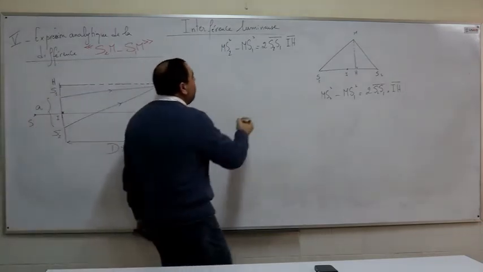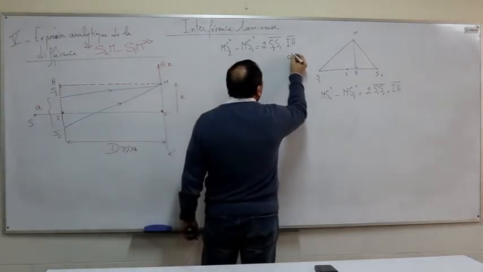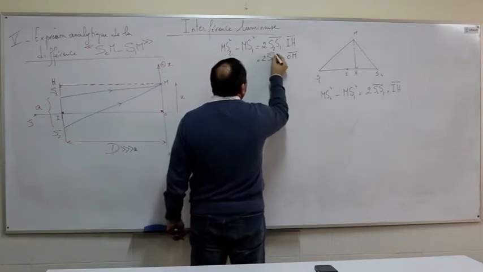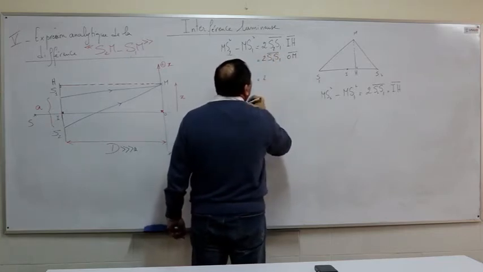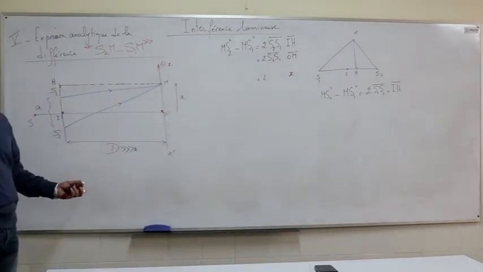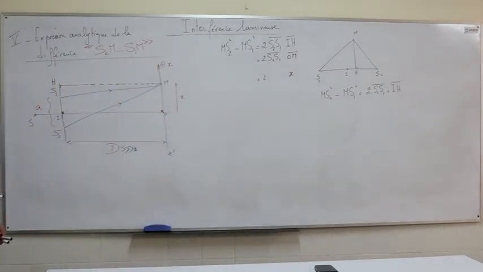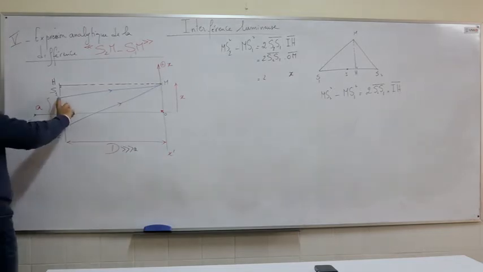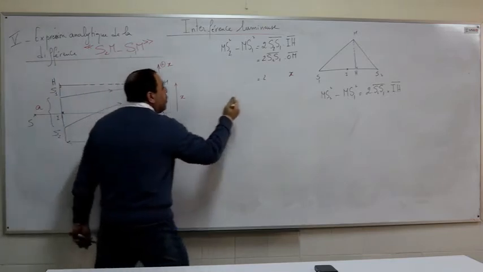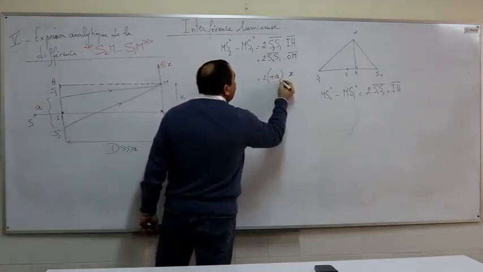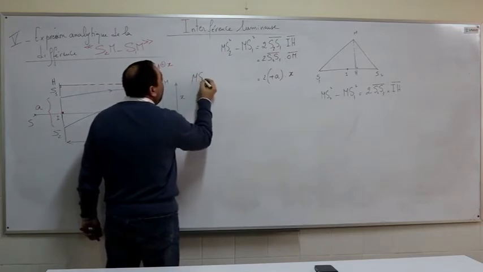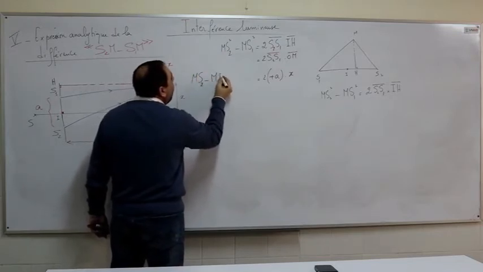Note that IH is equal to OM, so we get 2 S2S1 as an algebraic value multiplied by OM algebraic value, which is actually the abscissa X. So what is the algebraic value of S2S1? S2S1 is either positive or negative A. But S2S1 is in the positive direction, so it is plus A.